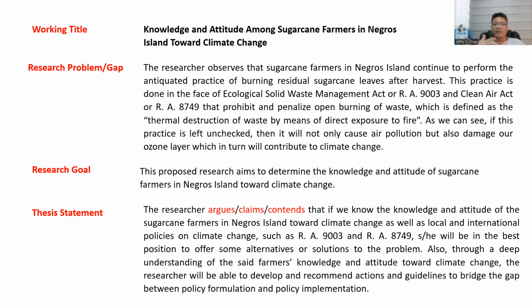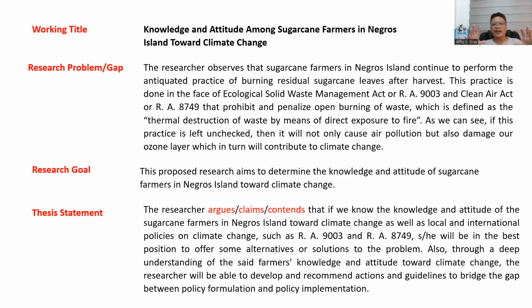And maybe, for example, if you push the idea further, I suppose in the case study I learned as a researcher that the owners of the planters themselves, or many of the owners of these sugarcane haciendas, are also politicians, are also mayors, councillors, congressmen. And so we could not implement the policy properly, because in the first place, the first victim of the policy will be the policy implementers themselves.